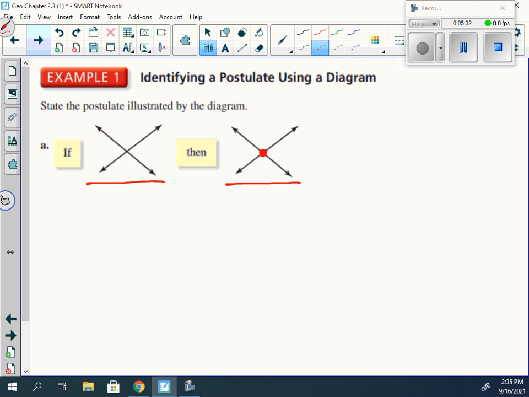If two lines cross or intersect, then what? There is a point, yes? What postulate is this talking about?